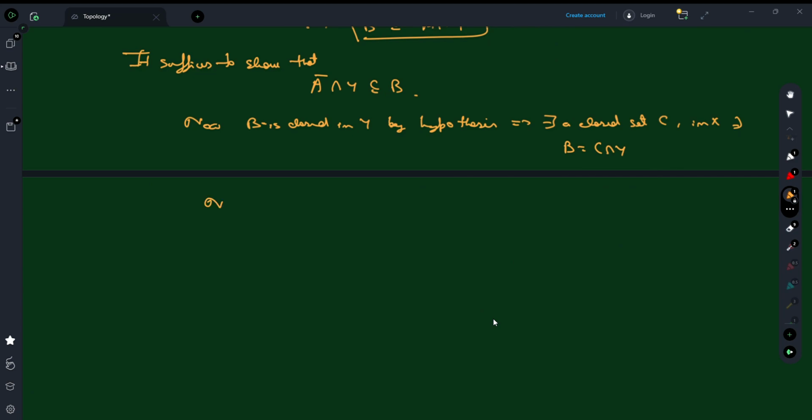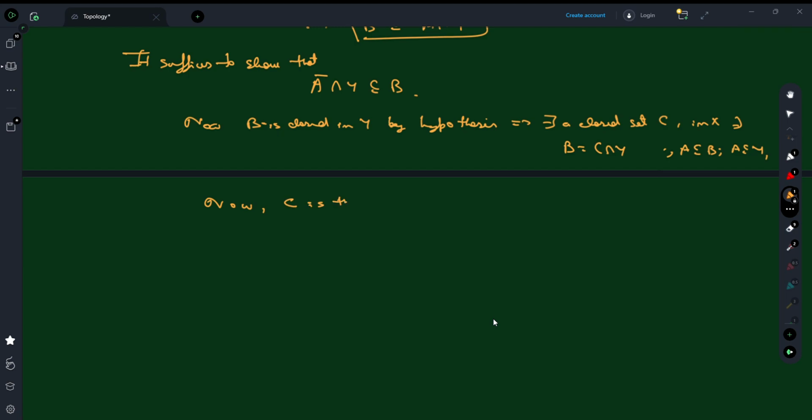Now B is the closure of A in Y, and A is also a subset of Y. So A is in B, A is in Y. So A must also be in C, right?